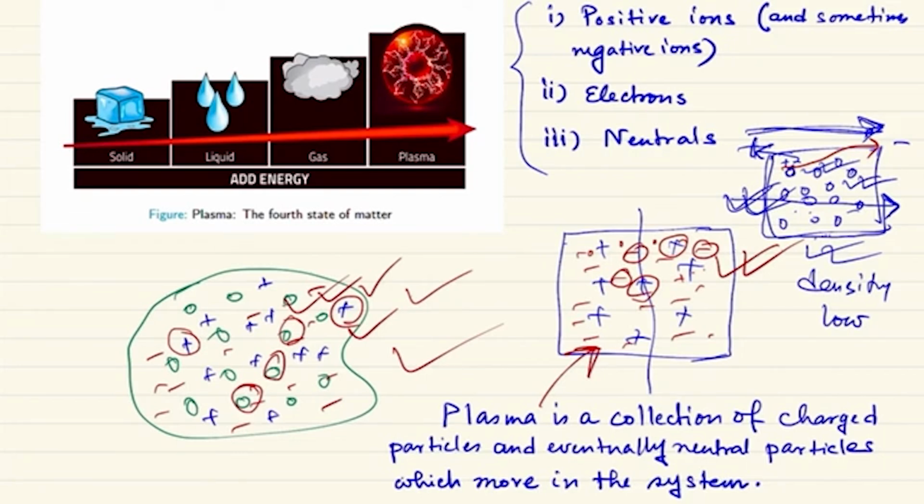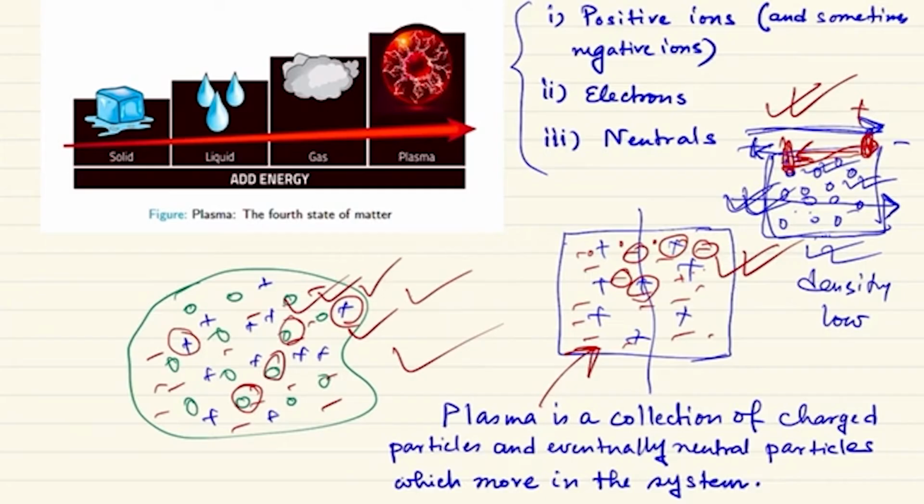The plus charges will be accumulating here and the negative charges will be accumulating here. So as a result, in this plasma there can be a current from plus to minus, right? So this current will actually be opposing the original electric field.